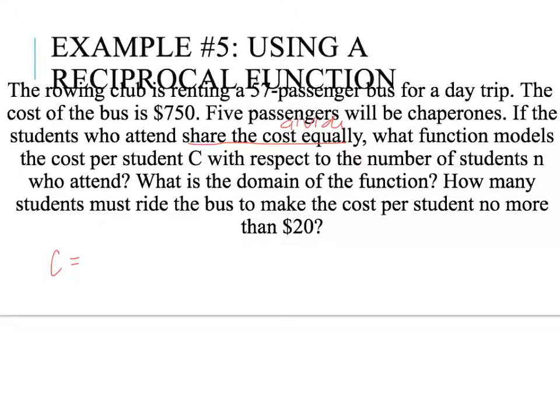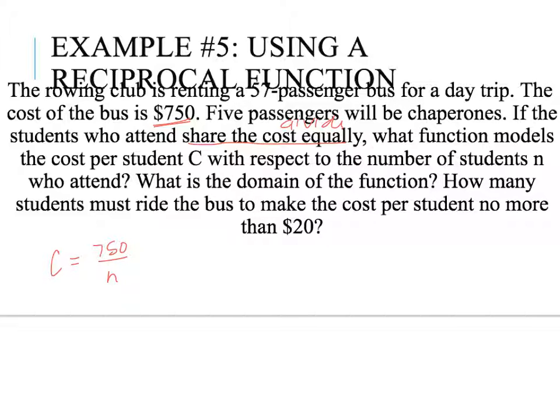So N represents the students. We found the cost, the money, which was $750. If we're going to split it equally between the number of students, that's going to be $750 over N. So that's the first part of our equation.